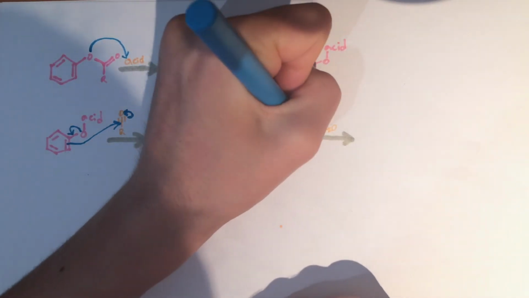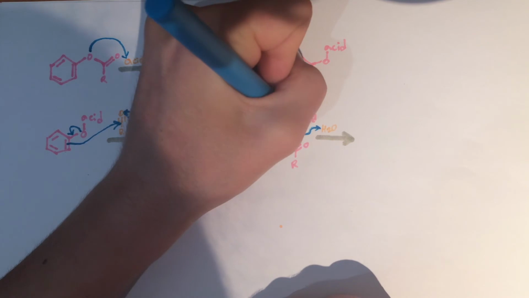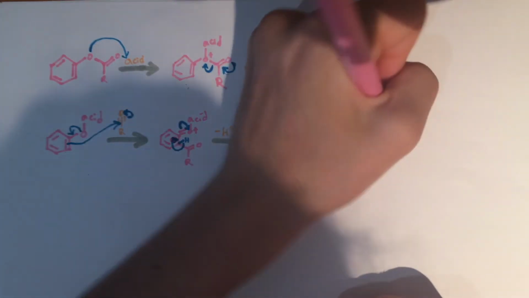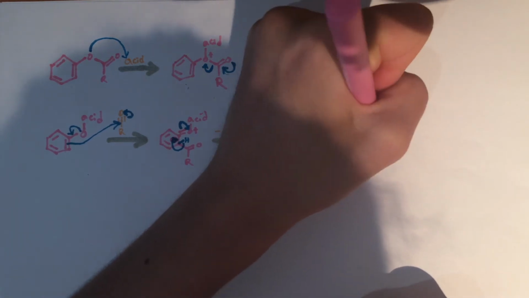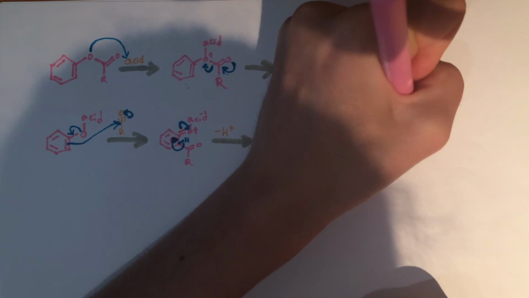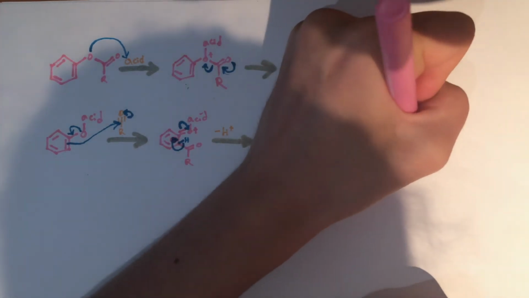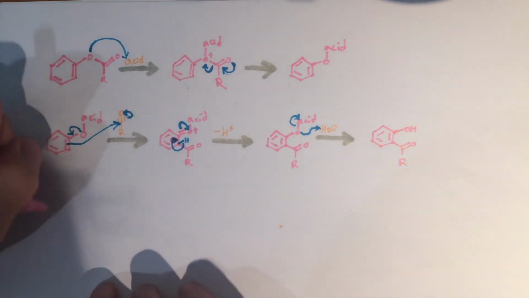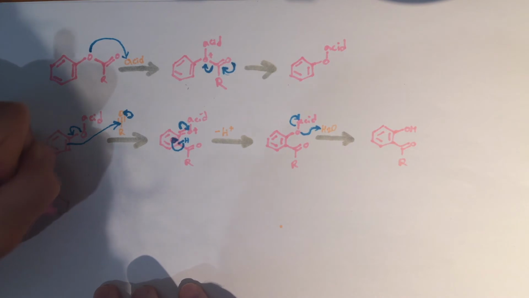The oxygen attacks the hydrogen, the acid leaves, and you get the hydroxyaryl ketone. Yay! Alright, so now I'm going to do it with the para mechanism.